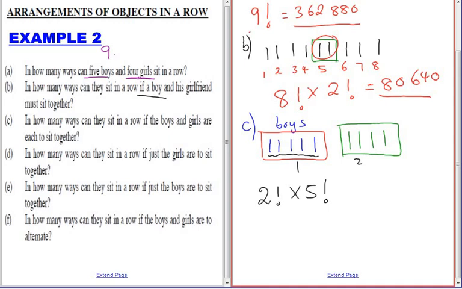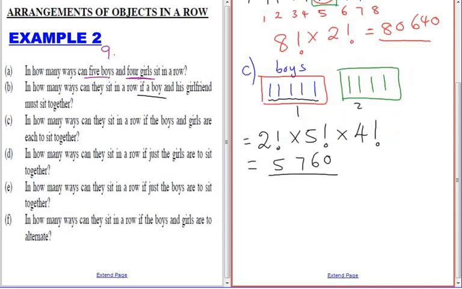So we have to multiply by it. And then as for the girls, there are 4 of them. We can arrange them in 4 factorial ways. So this right here will be how you solve this. Now, what will be the answer to this? That will be 5,760, like that.